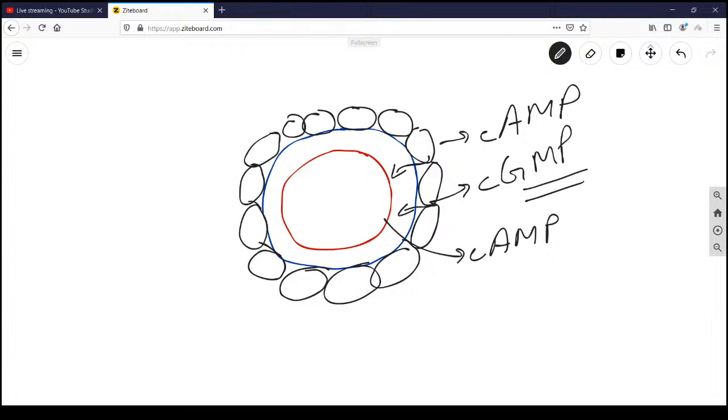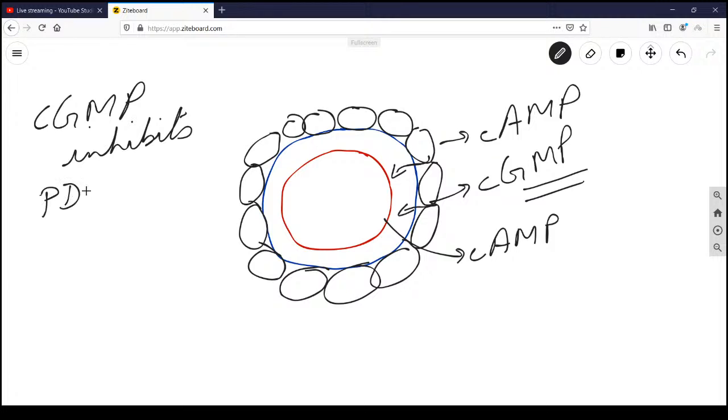And what happens is when the cGMP reaches the oocyte, it inhibits a specific enzyme, PDE3A.